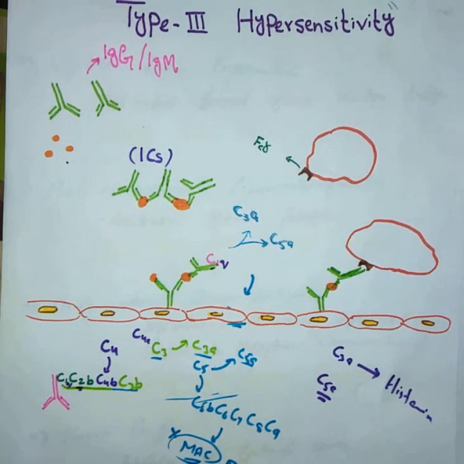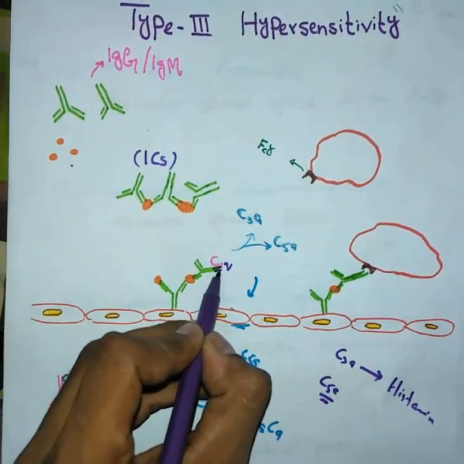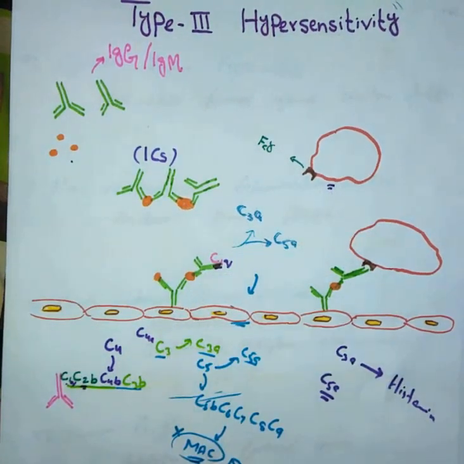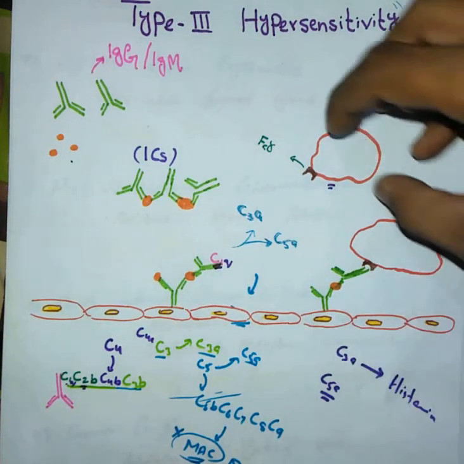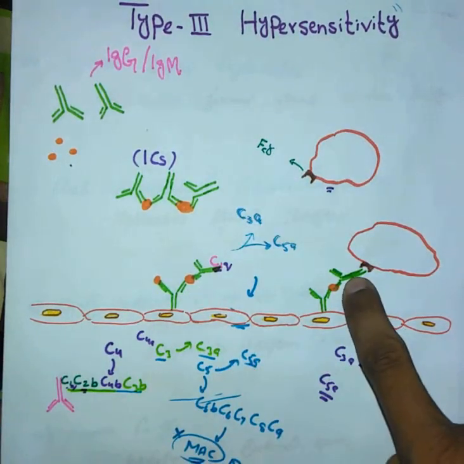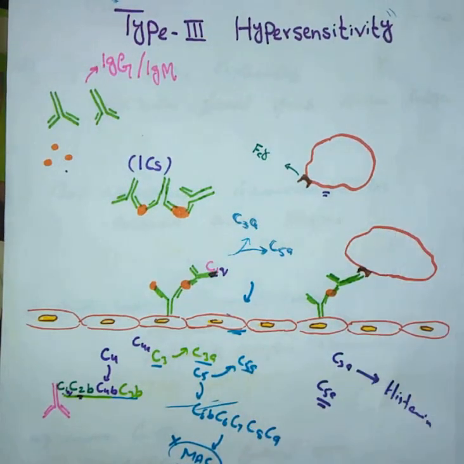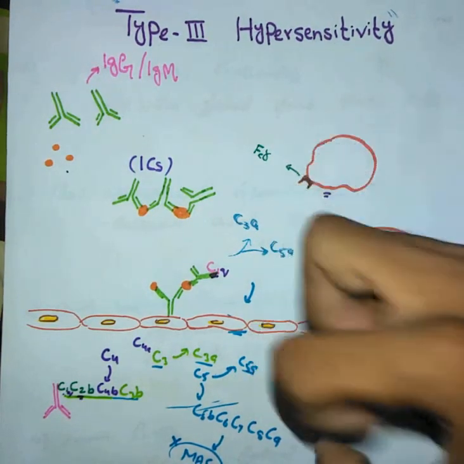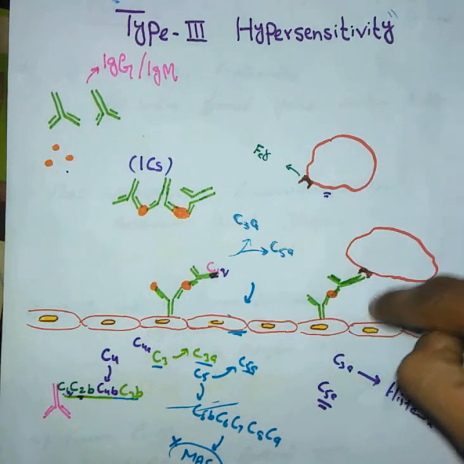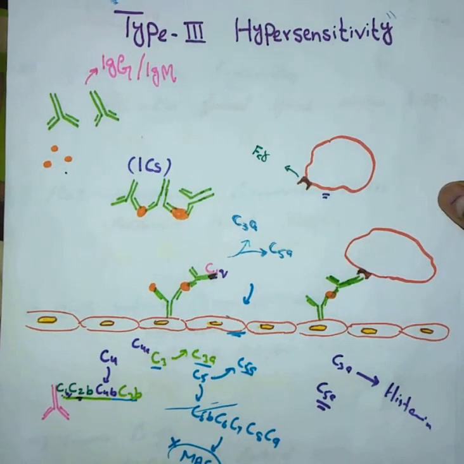One more thing is going to happen: the Fc portion has a receptor on the neutrophils, and once the interaction between the Fc portion and these receptors takes place, the neutrophil will try to phagocytose the complex. But as I have explained earlier, these complexes are too large to be phagocytosed by macrophages or neutrophils.